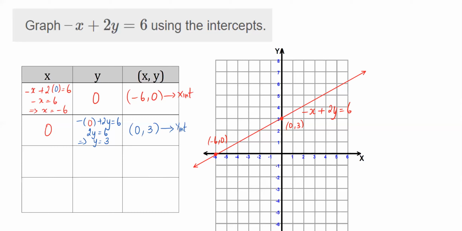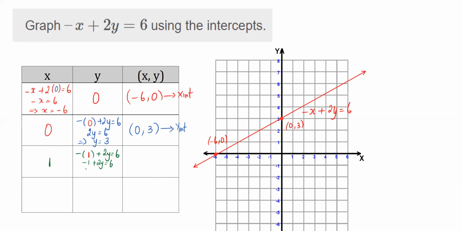So let's plug in, say, 1 for x. You could have plugged in some value for y as well, but I'll just do this. It's going to be a little tight, so you can't see all the steps, but you're going to work it by yourself as you're watching this video.